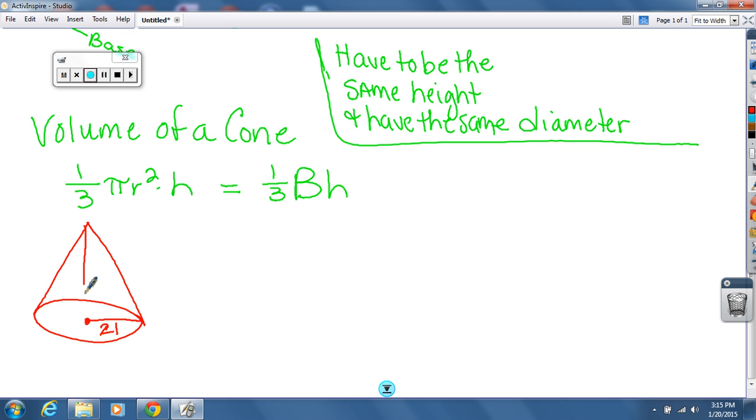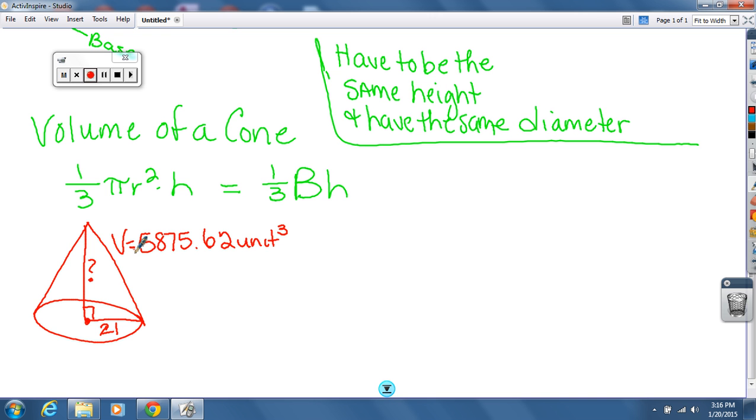We don't know this height. That's our question. We don't know the height, but we do know the volume. So the volume is this, units cubed.